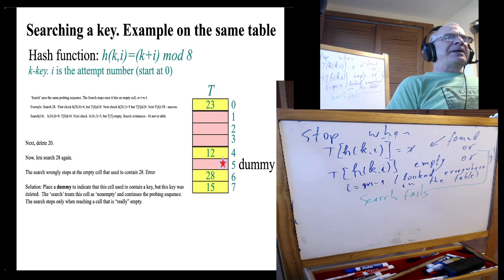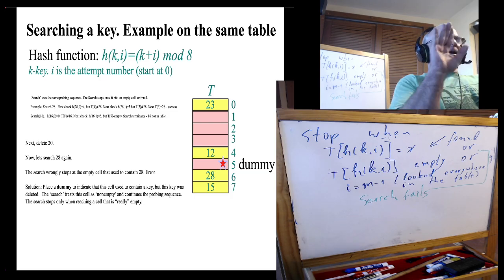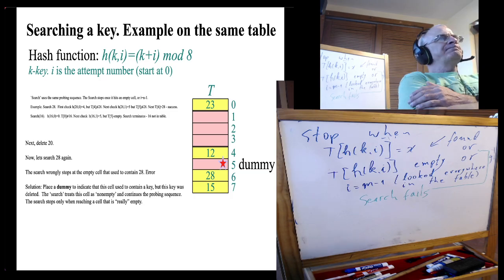And this dummy gives the cell some dual citizenship. The cell now appears in two ways. Is the cell empty or is the cell occupied? And the answer is yes. The cell is empty and the cell is occupied at the same time.